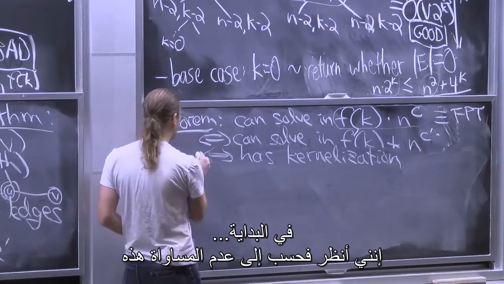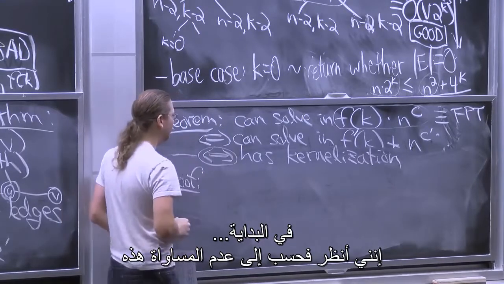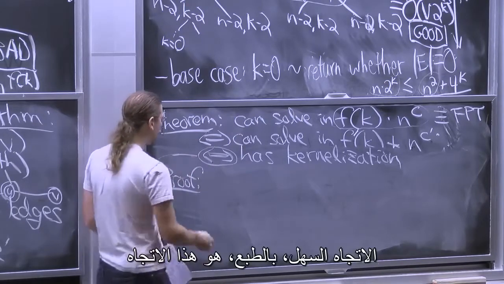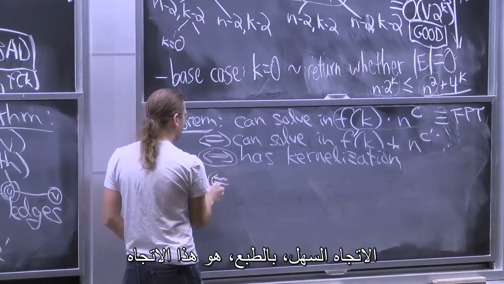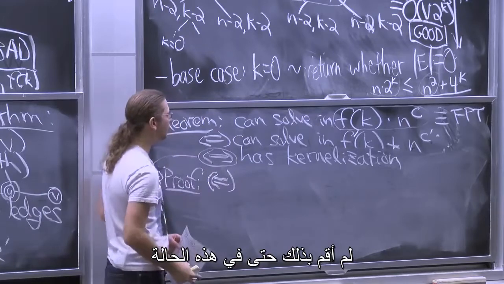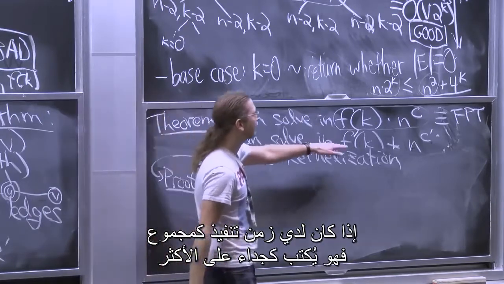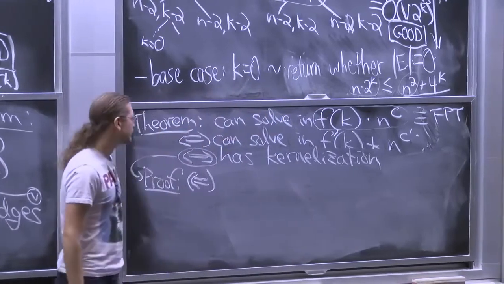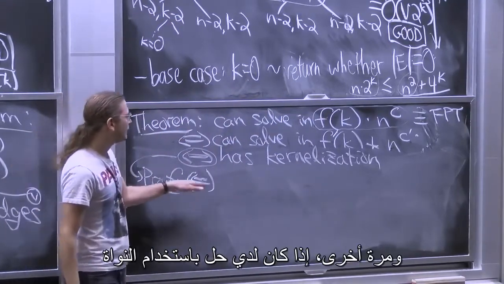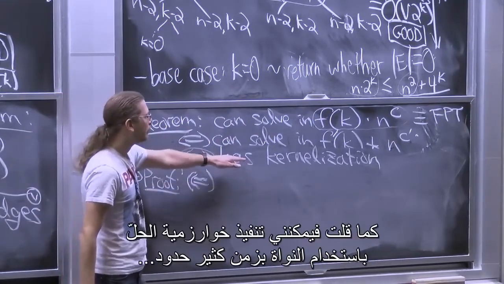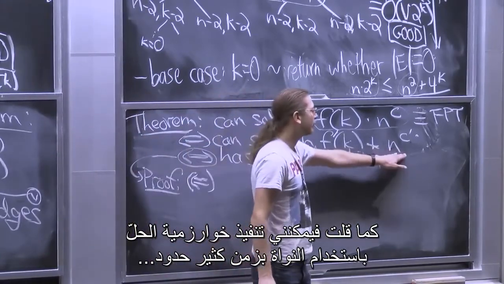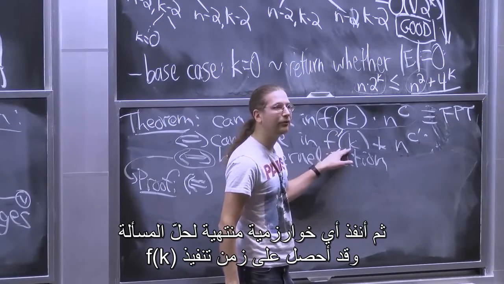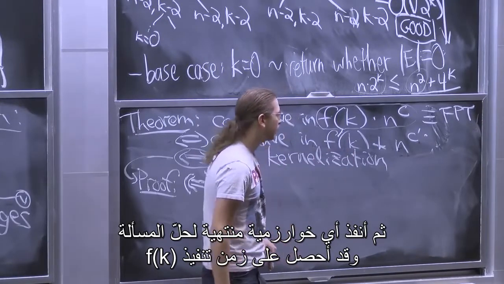So let's first look at this implication. We already did the other one. The easy direction, of course, is this way. If I have an additive running time, it's certainly at most the product, assuming both those numbers are at least 1. And again, if I have a kernelization, I could run the kernelization algorithm in polynomial time, and then run any finite algorithm to solve the problem, and I would get some f of k running time.